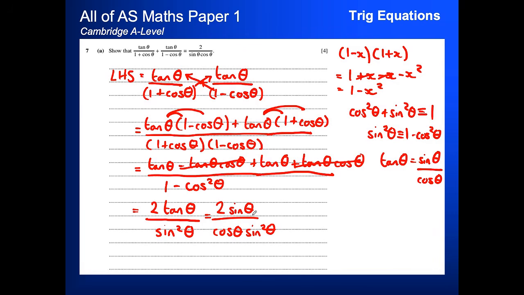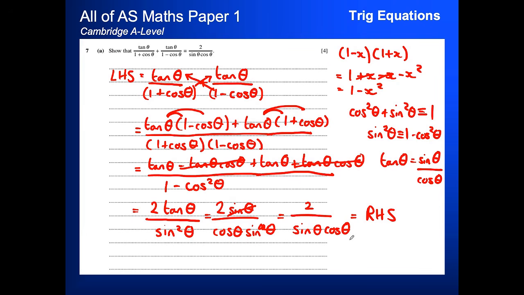So how many sine thetas go into sine theta? 1. How many sine thetas go into sine squared theta? Well, just sine theta. And we actually magically generate what we needed. So sine theta cos theta. And this is where I just state that this is equal to the right-hand side. So we have achieved our objective. We have made the left-hand side here look like the right-hand side.